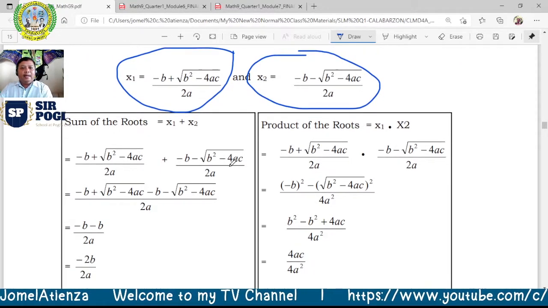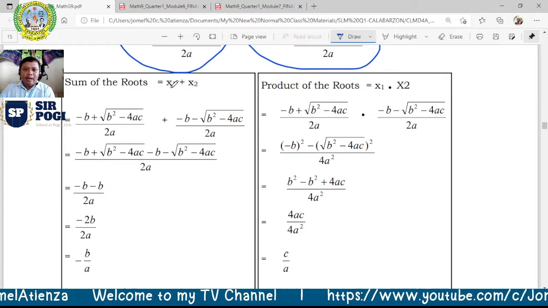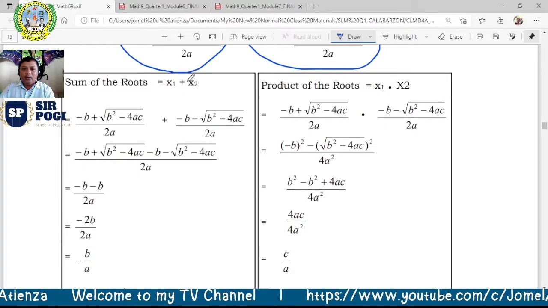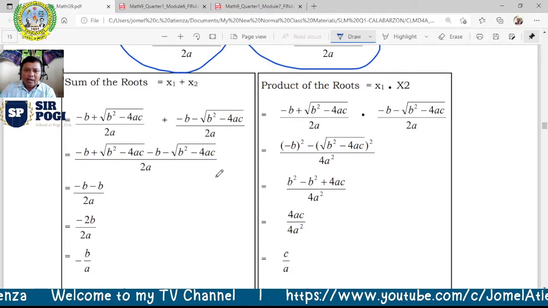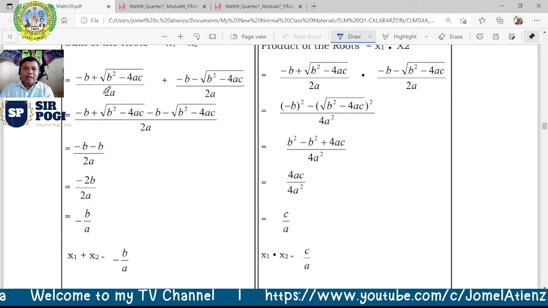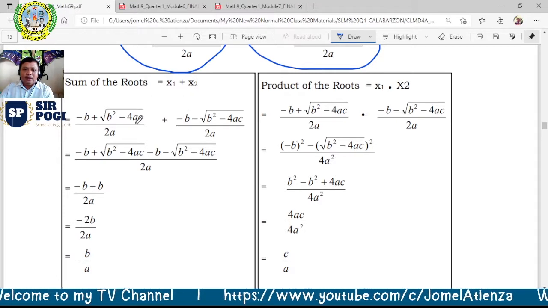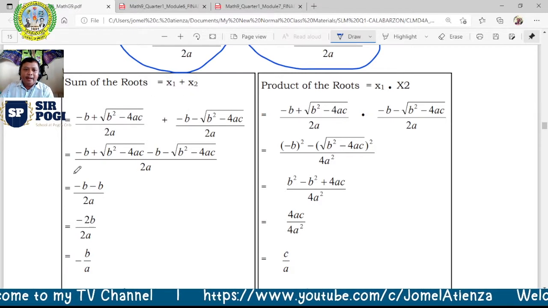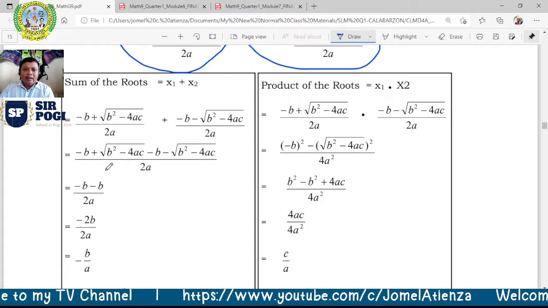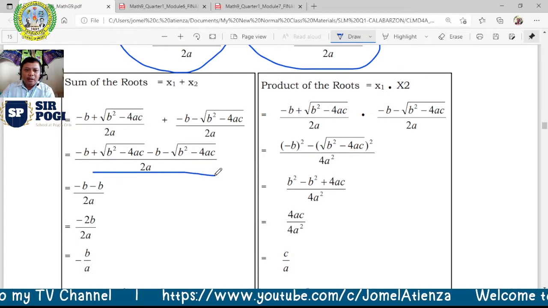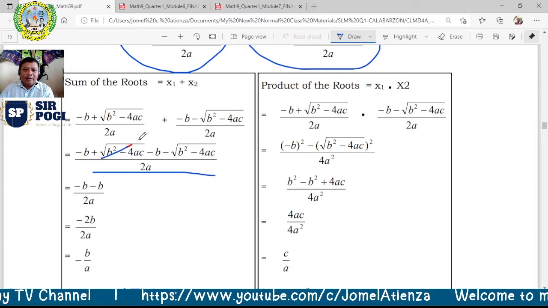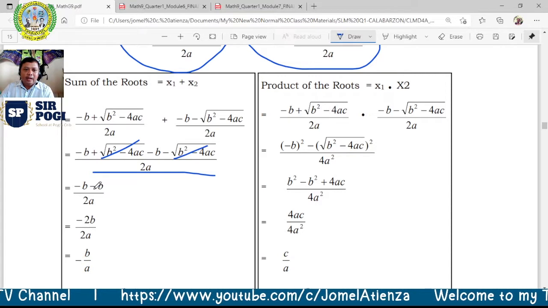Now, in the sum of roots, so x sub 1 plus x sub 2, pagpaplusin natin yung dalawang value ng roots. So this time, we have this one. Sinubstitute lang po natin. Okay? Then we come up with this expression, and so na-cancel na po to. Ano na lang natira?